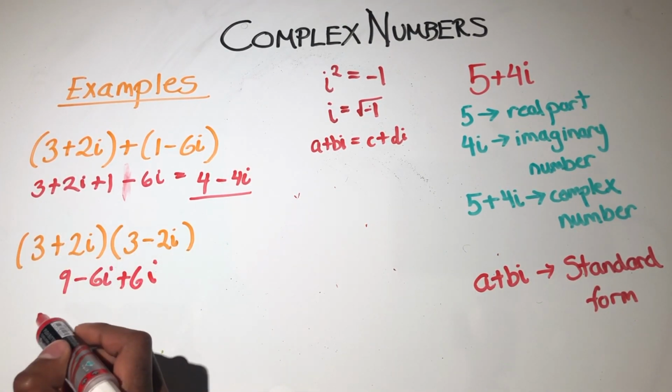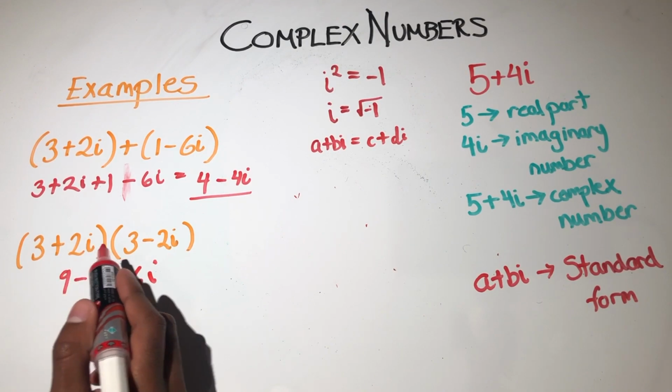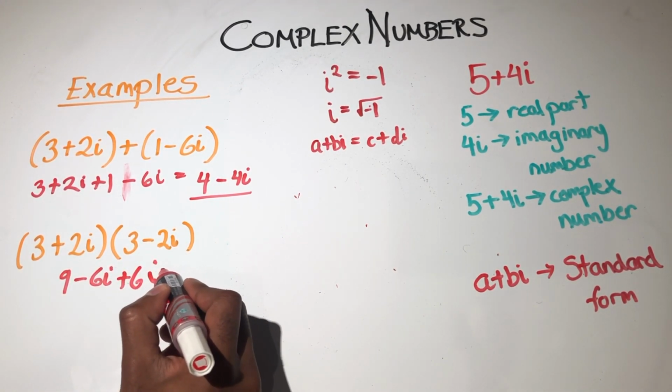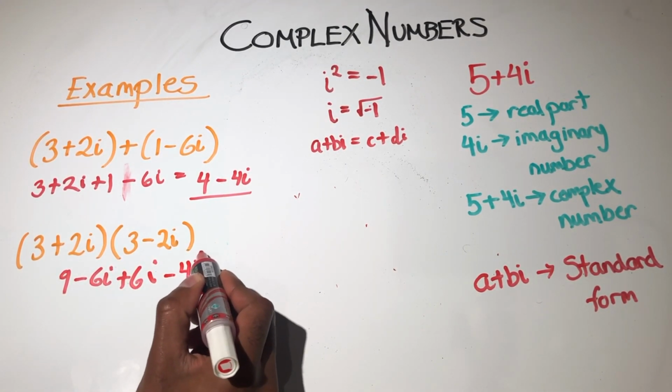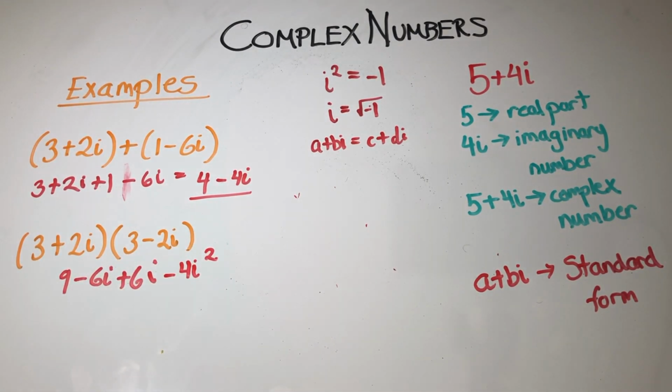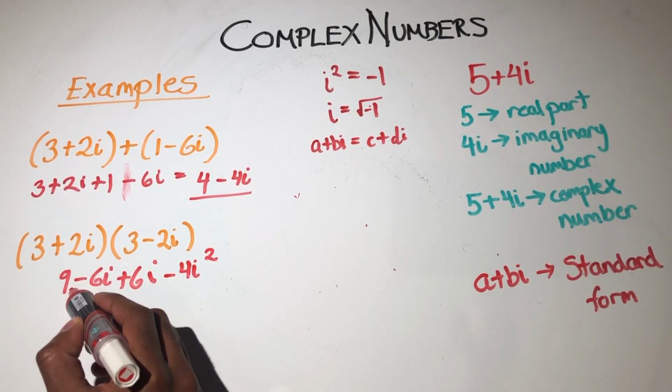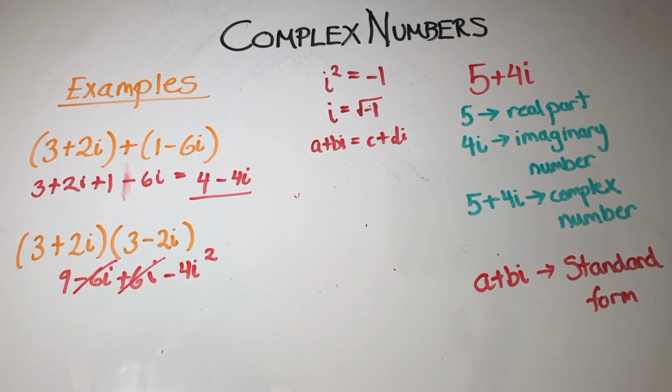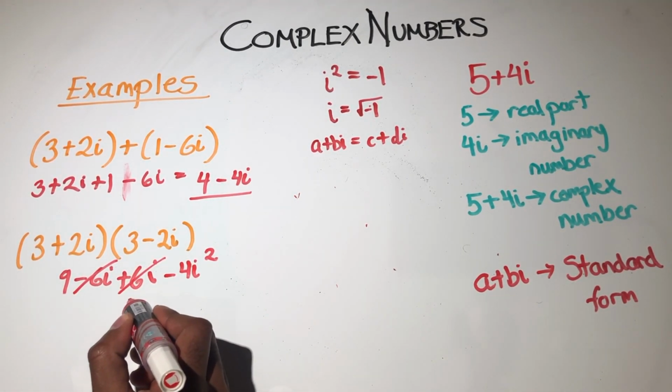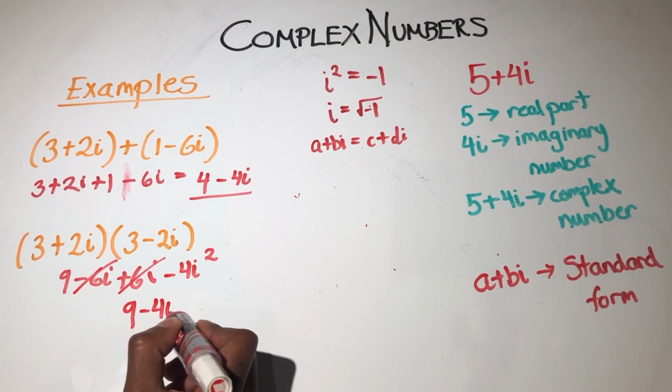And then 2i times negative 2i is going to give us negative 4i squared. Notice how the negative 6i and the positive 6i cancel. We're going to end up with 9 minus 4i squared.